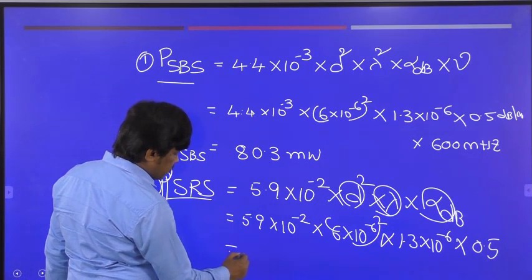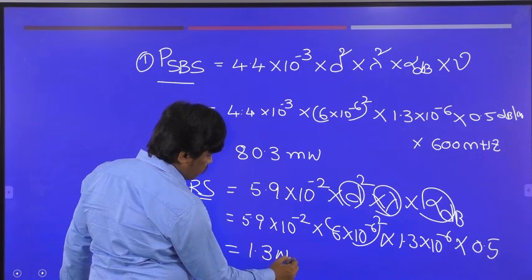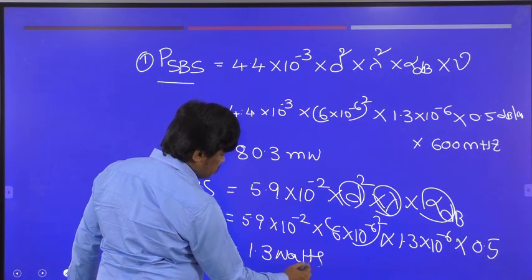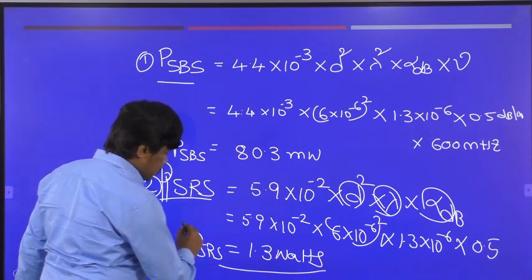After calculating, we will get 1.3 watts for the stimulated Raman scattering.